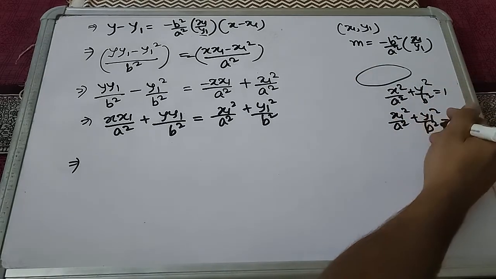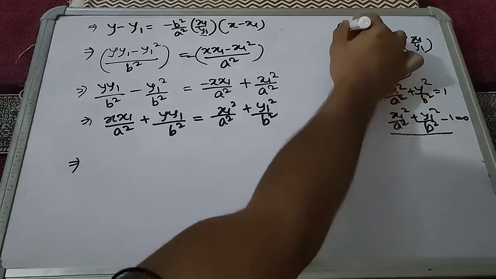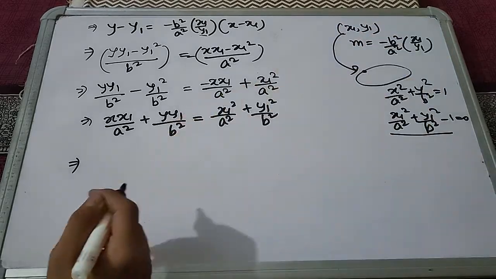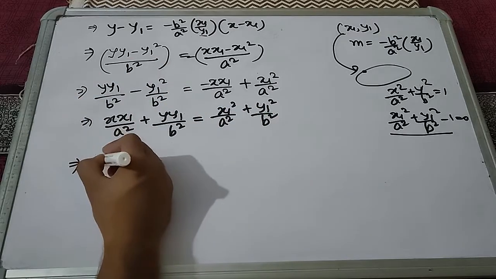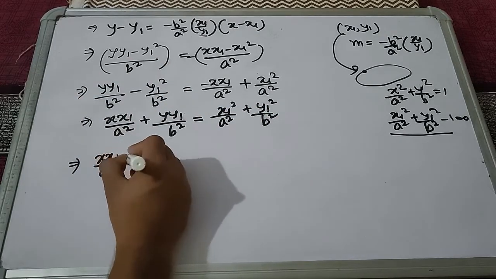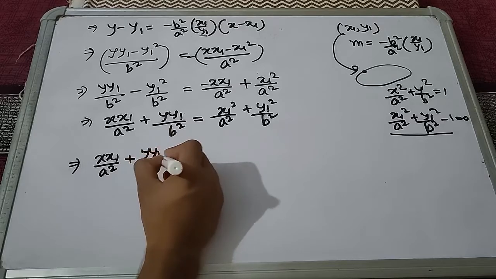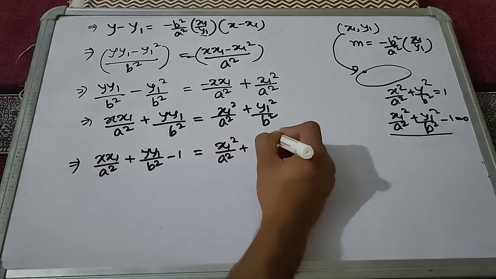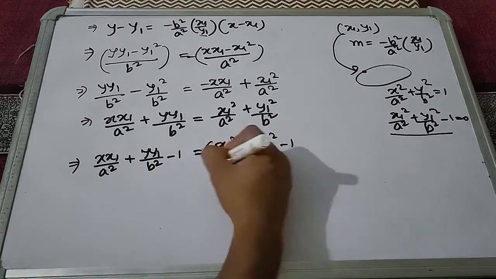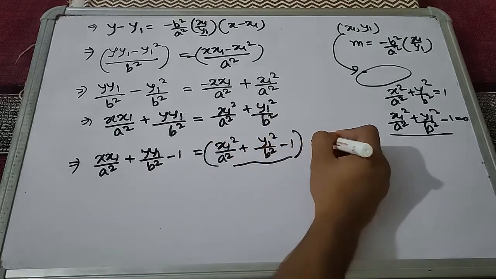We bring the 1 to this side, so this should be 0, as x1 y1 lies over it, therefore it satisfies the curve. Similarly, we subtract minus 1 from both the sides. x1 by a square plus y1 by b square minus 1 equals to x1 square by a square plus y1 square by b square minus 1, and this is equals to 0.